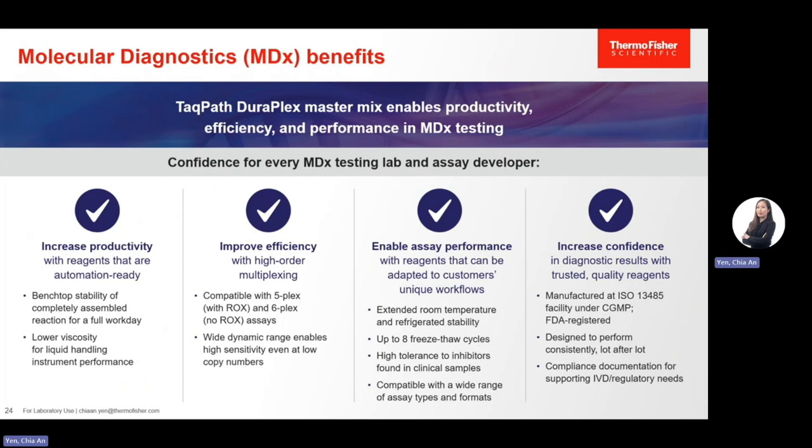It has features such as extended stability at room temp and refrigerated conditions, compatibility with automation with reduced viscosity, and increased benchtop stability in the assembled reaction, tolerance to inhibitors, a little bit of which we covered today with the multiplex context, as well as it being very reproducible lot to lot.